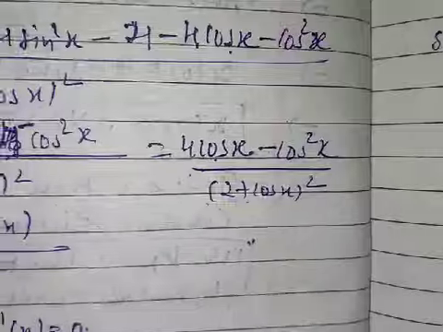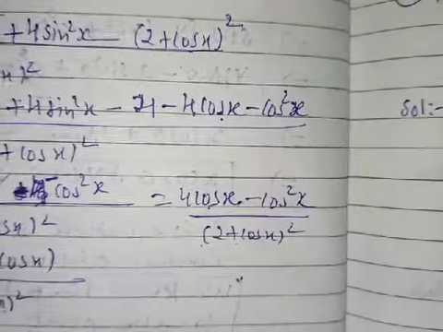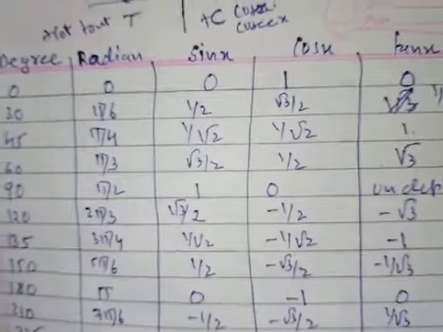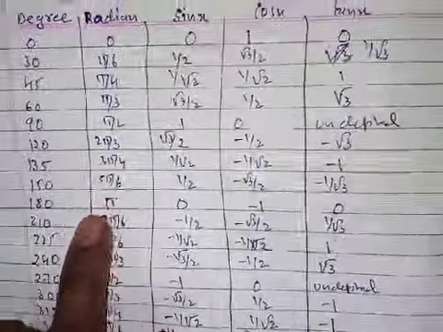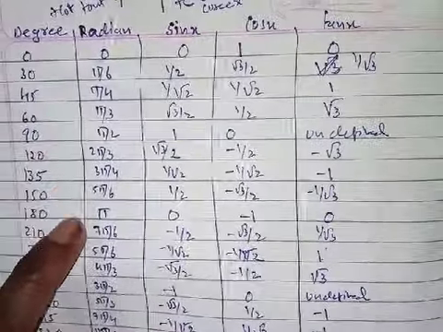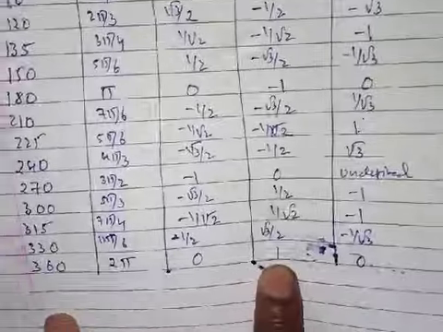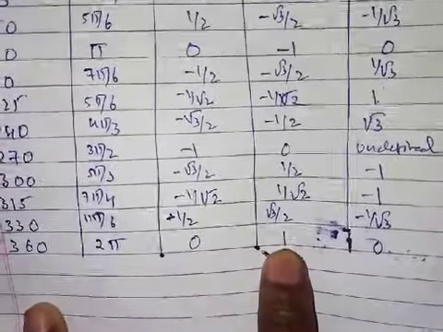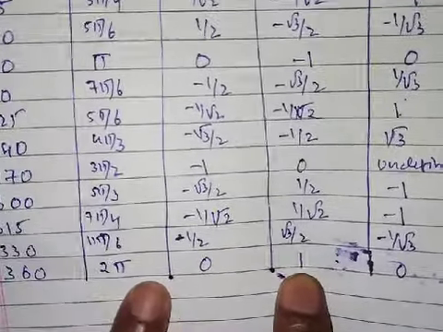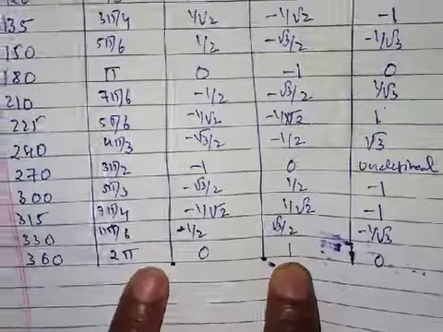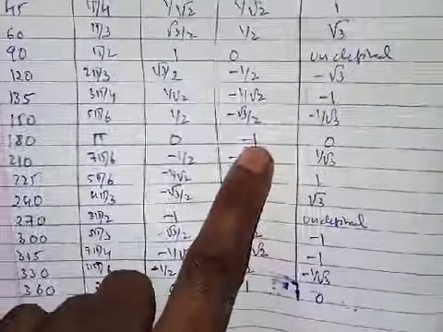See here the value: if you are going down, you can check what is the value at 2 pi. So it is pi by 4, pi, and 2 pi. Is it positive? The cos value at 2 pi is positive. At pi it is minus, therefore we got minus.